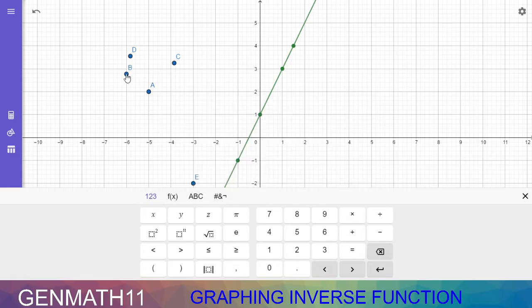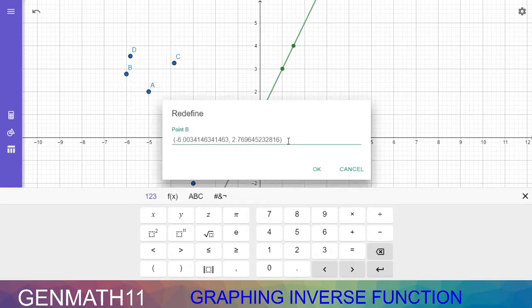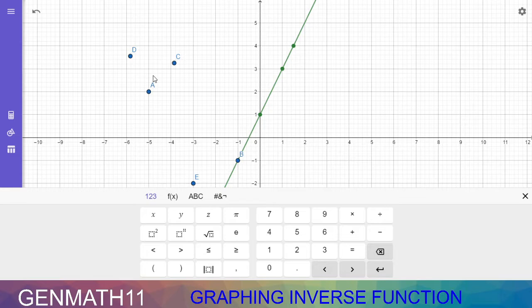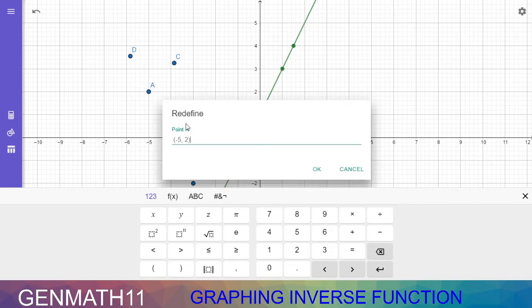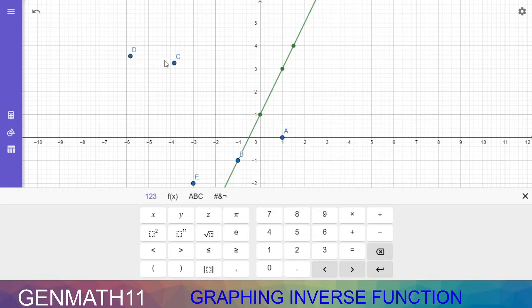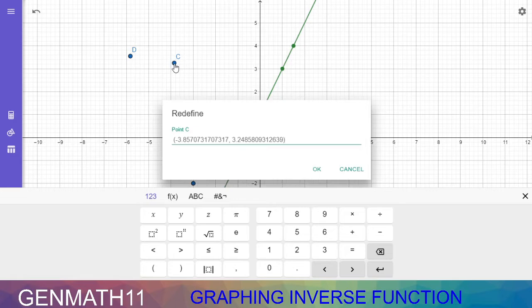So, automatic naglipat siya. So, wag nyo nang pakialaman yung letters. Tatanggalin ko yun mamaya. Then, negative 1, negative 1. Okay? Next is 1, 0. Then, 3, 1.